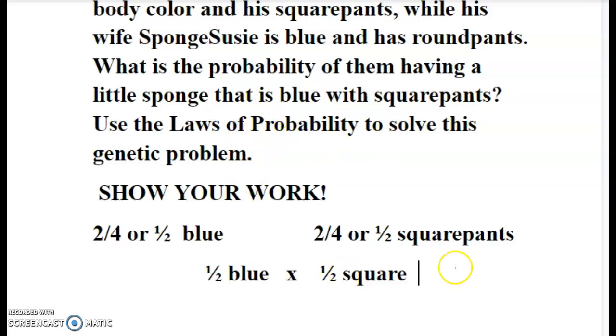1 times 1 is 1. Multiply across the top there, 1 times 1 is 1. Multiply across our bottom, 2 times 2 is 4. So there'll be a 1 in 4 chance of blue and square.